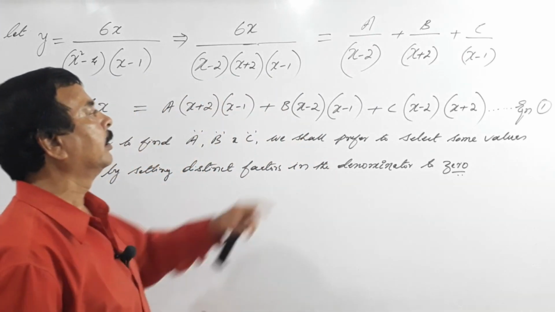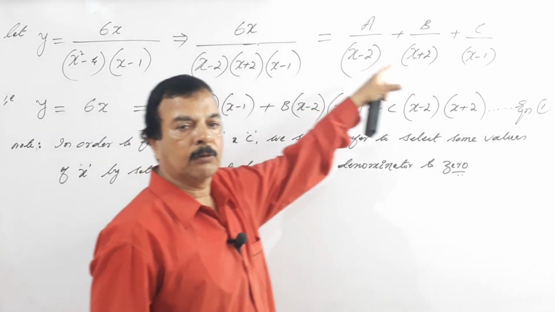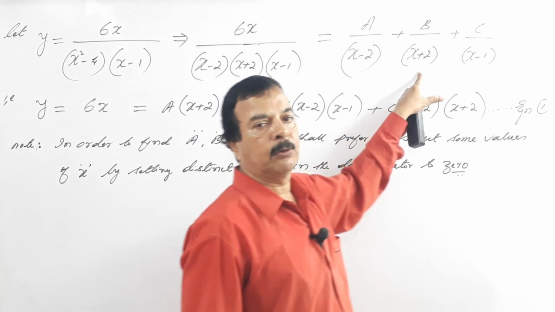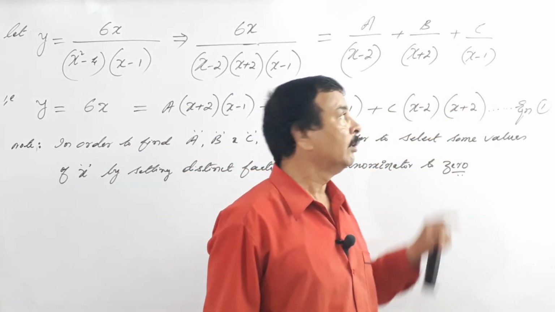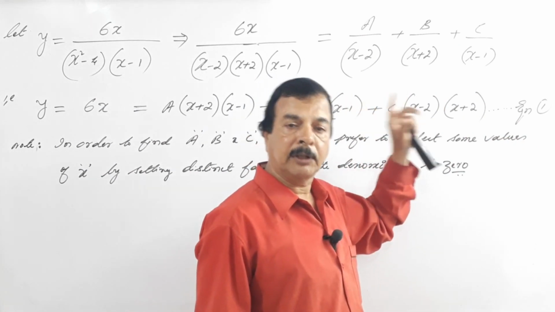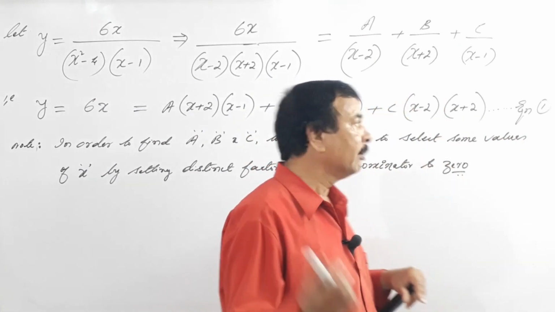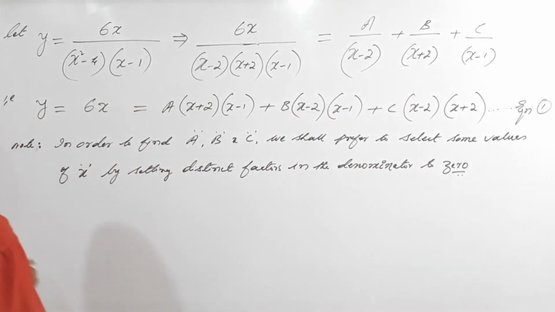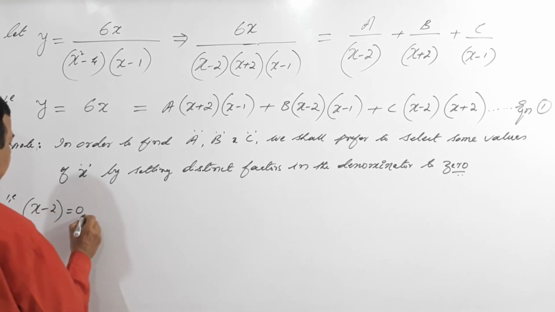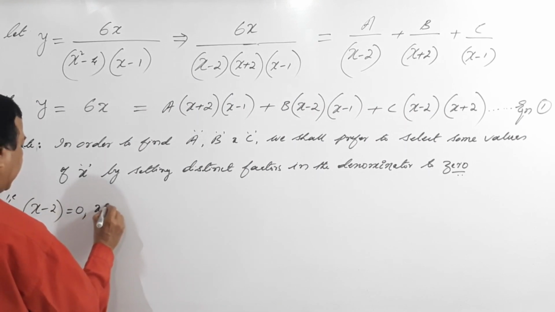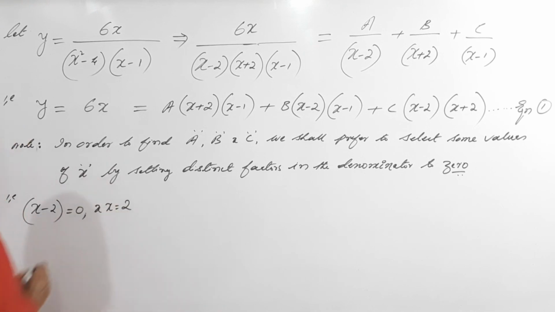That is, x minus 2 equals 0, x plus 2 equals 0 and x minus 1 equals 0. From this we will get 3 different values for x. First, x minus 2 equals 0 and x equals 2, right?